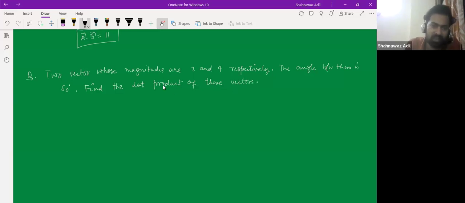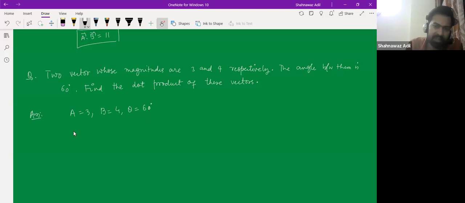Then this answer is very simple, right? How can we solve this? We have A magnitude, which is 3. We have B, which is 4. Theta is given. So we have to use the first, general definition of the dot product.